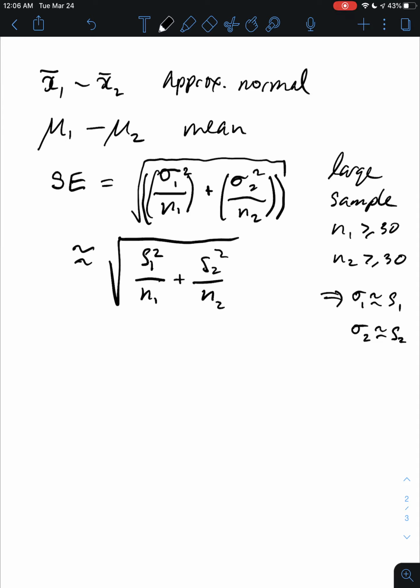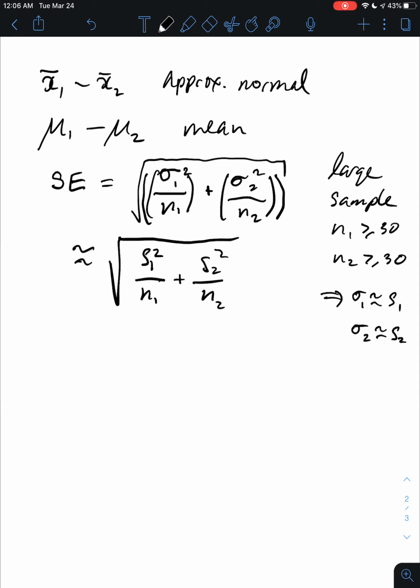We do not know what sigma is. However, we do know what S is for each sample. We can calculate that because we have the sample. And because the two values are probably very close to each other, we're going to substitute one for the other. That's not entirely 100% correct.